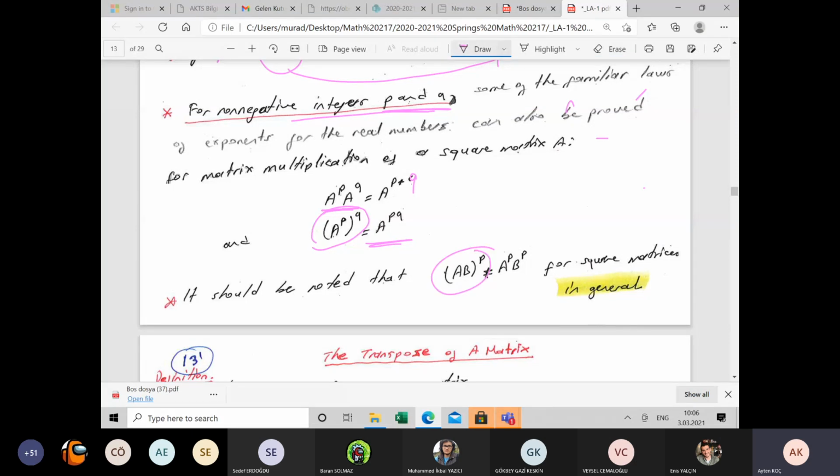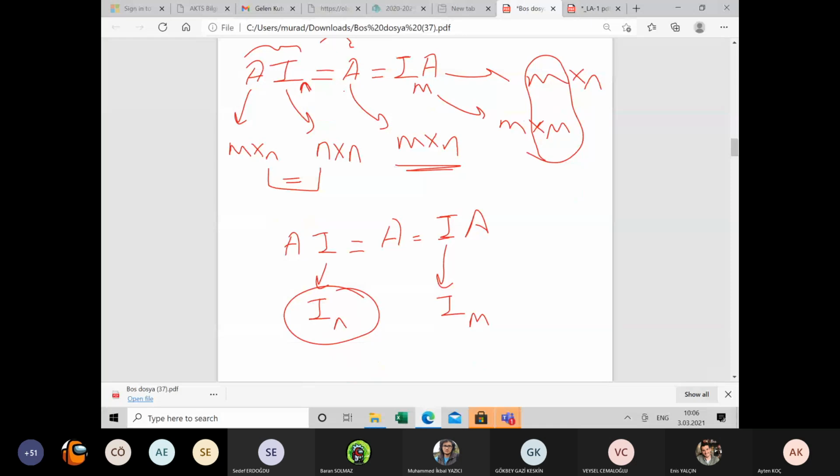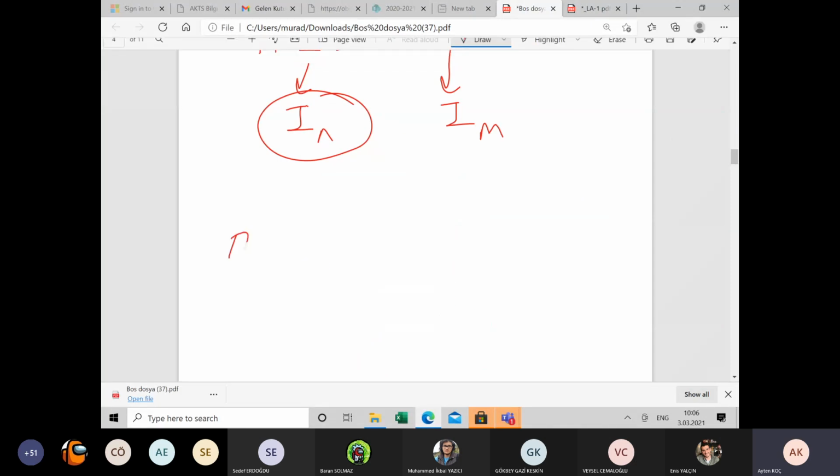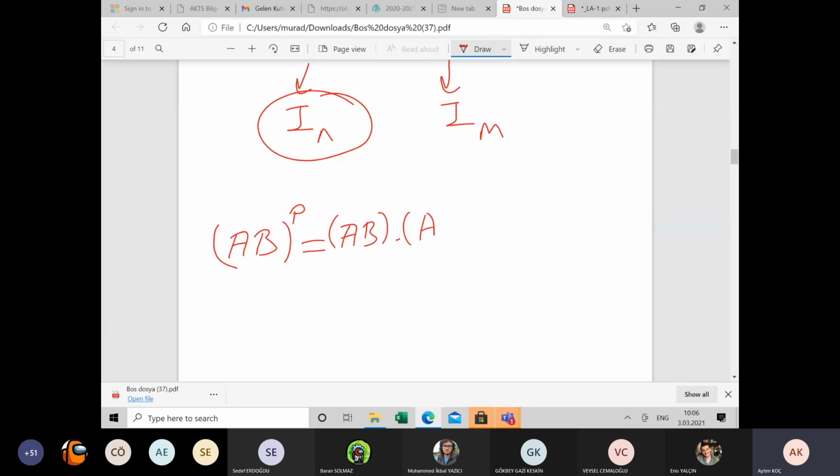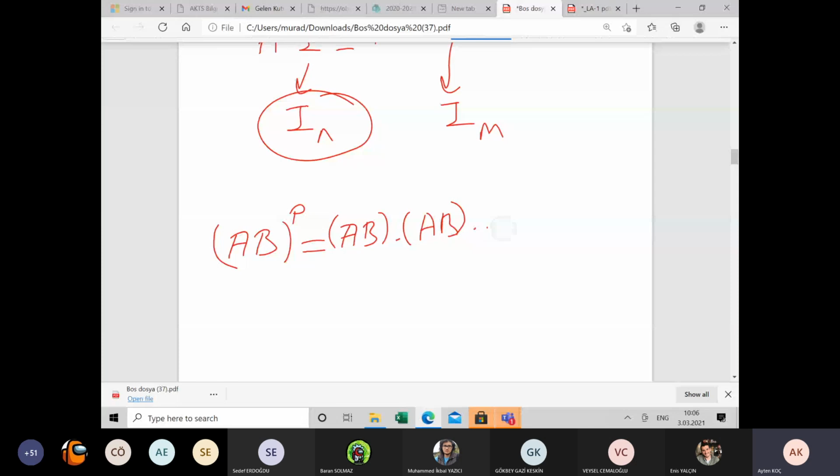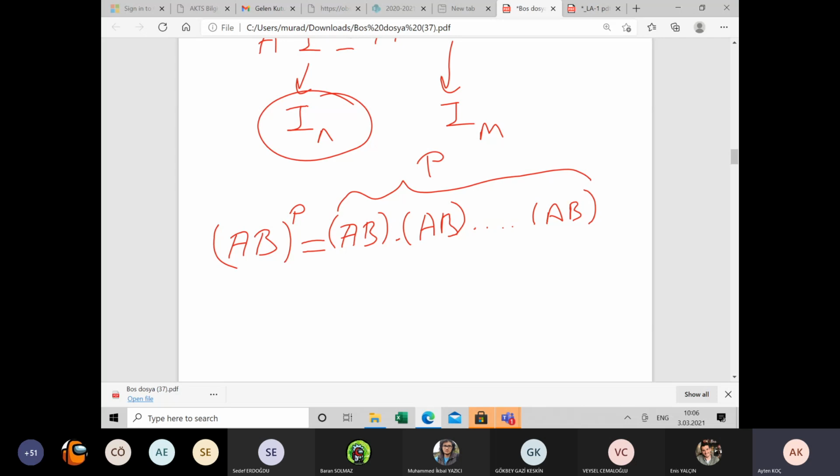This one is not equal to A to the P times B to the P. Let's compute A times B to the P. A times B to the P means take A times B first, the next one, A times B, the next one, A times B. What's the number of AB? P. It's okay?